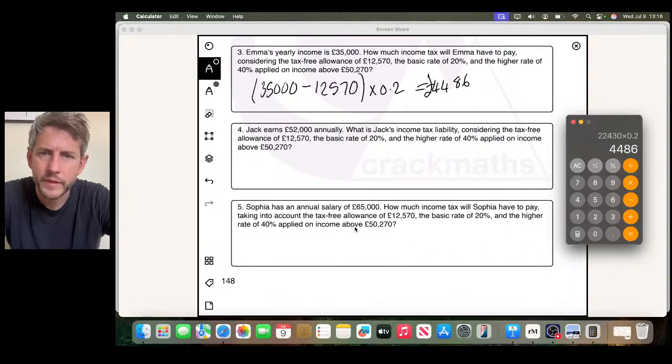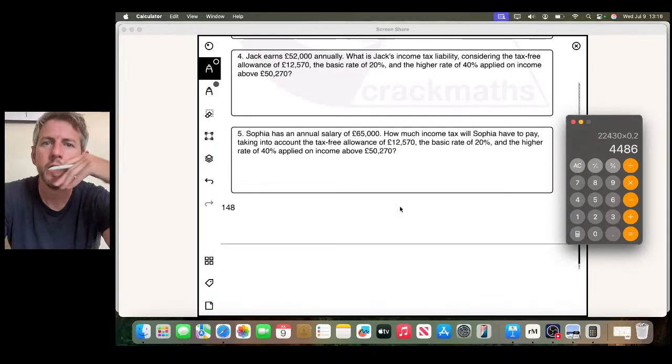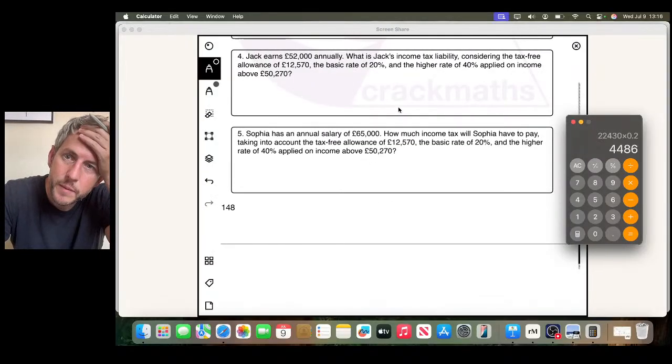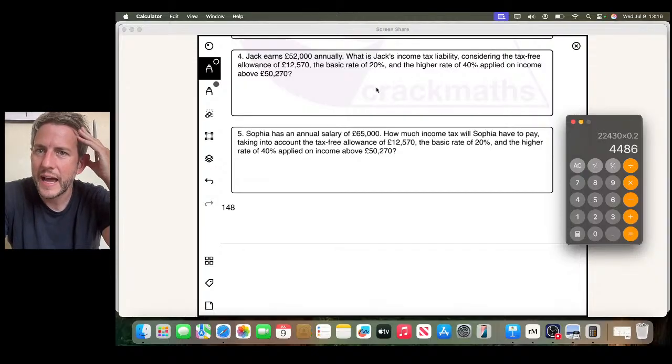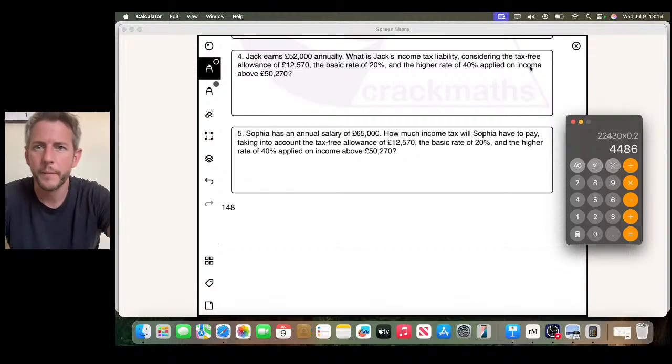Okay, right. Next, Jack earns $52,000 annually. What is Jack's income tax liability, considering the tax-free allowance of £12,570, the basic tax rate of 20%, and the higher tax rate of 40% applied on income above $50,270?